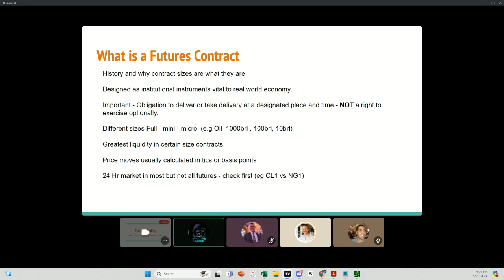Very important to know about a futures contract, and we'll get onto this shortly, but it's an obligation to deliver or take delivery at the designated place and time that's stated on the CME contracts page. It's not a right you can exercise optionally. If you're holding the contract and the contract expires, you have to take delivery of that. So if you get a full contract of oil, 1,000 barrels, you need to take delivery of that.